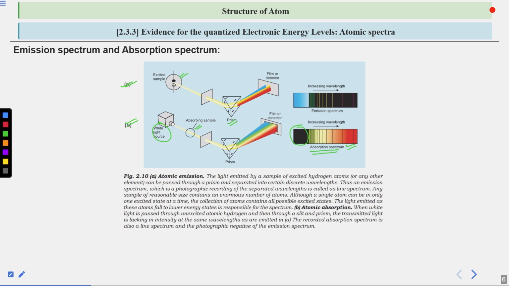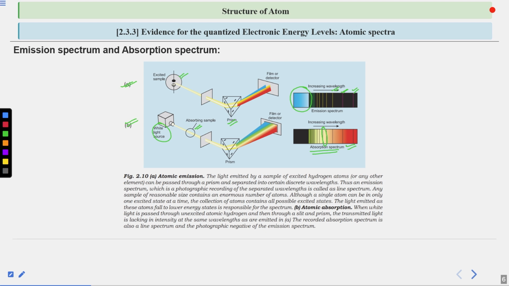So you can see that this part, which is blue in color, was absorbed from the total spectrum, so that thing is being displayed here. Plus some black lines, you can see in the middle. Those parts were also absorbed by the sample, and upon emission, they are being shown here and there.